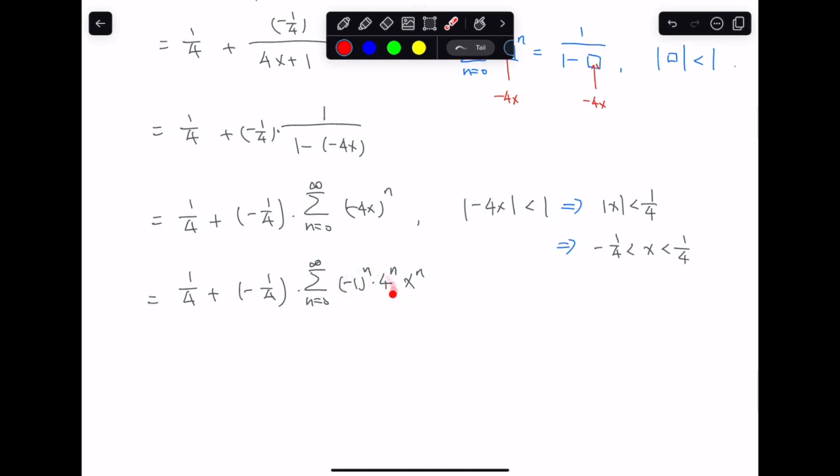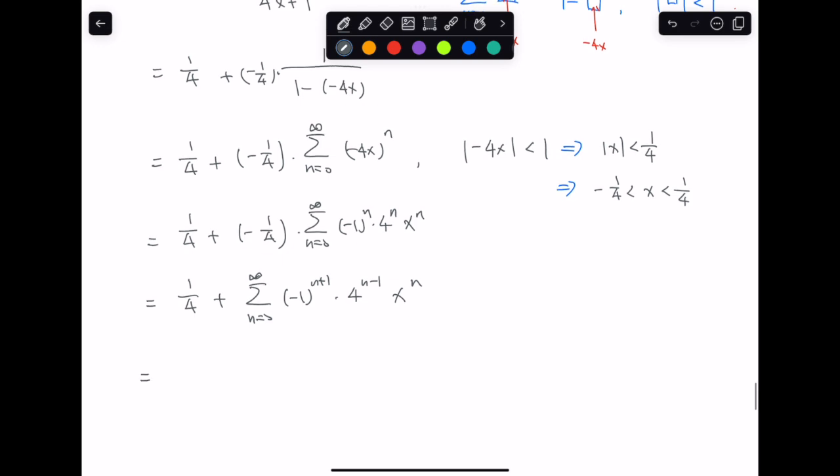Okay, now this can be further reduced to 1/4 plus, right? If you multiply this one inside, then you're going to turn this into -1 raised to power n plus 1, and then this 4 raised to power n multiplied with this 1/4 is going to be 4 raised to n minus 1. Okay, so that is -1 raised to n plus 1, and then 4 raised to n minus 1, x power n.